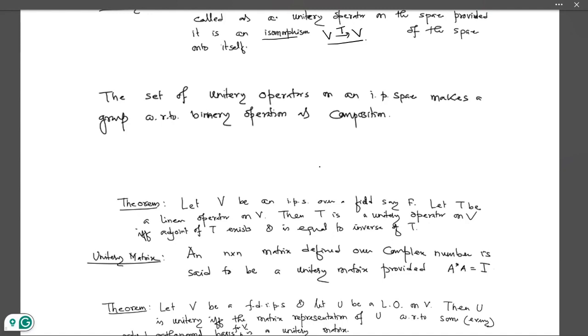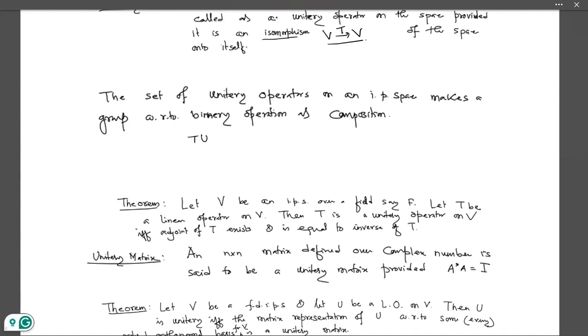How do you prove it? Just apply your definition. It preserves inner product. Basically, composition of isomorphisms is an isomorphism, and then you just have to check it preserves inner product structure.